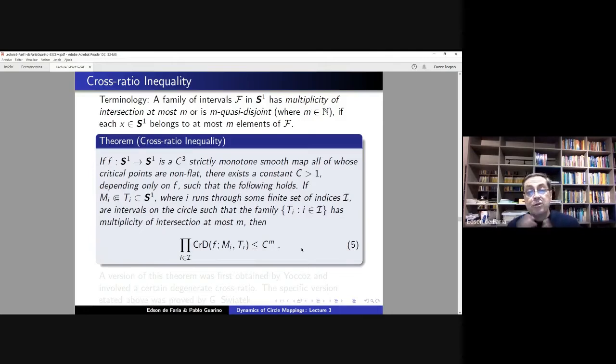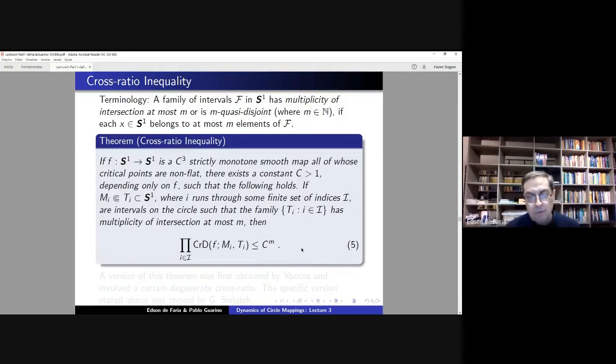You use the fact that the nonlinearity away from the critical points is bounded, and you can get a bound on the cross-ratio distortion far from the critical points. But every time you're close to the critical points, potentially things could be very bad, but you use the fact that the map near the critical point has negative Schwarzian, so it actually contracts cross-ratio. So the cross-ratio distortion in those pieces is strictly less than 1, so it does not affect this estimate. Okay?